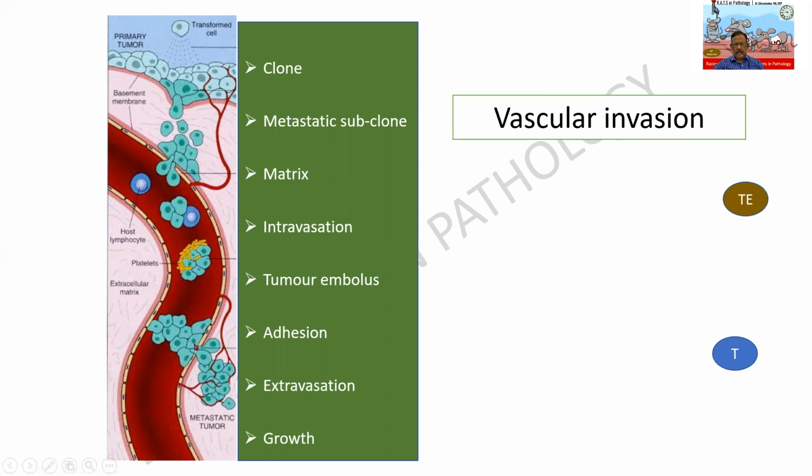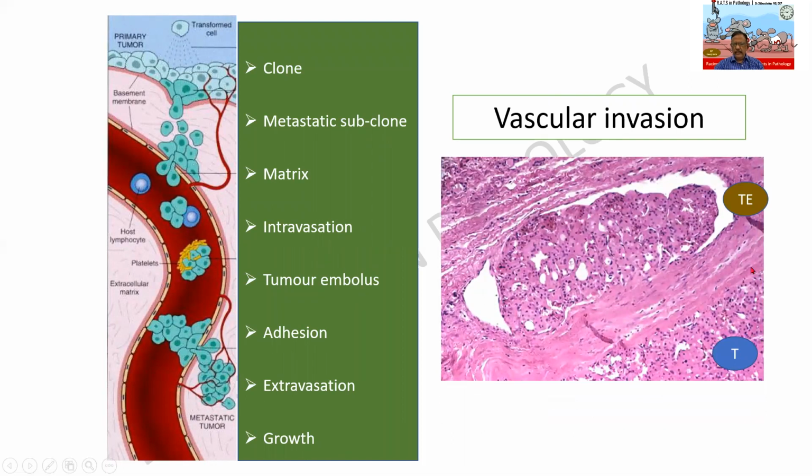There is a tumor embolus. It is adherent to the endothelium lower down the stream, and there is adhesion. Finally, it is extravasated, or it exits from that region and gets lodged elsewhere, which is a metastasis. So this is the mode of spread of the tumor. I would like you people to kindly remember and draw this diagram, which shall form the fulcrum of your answer.